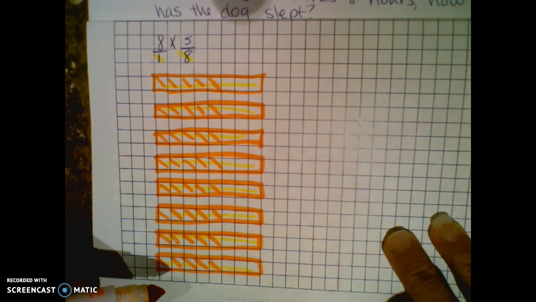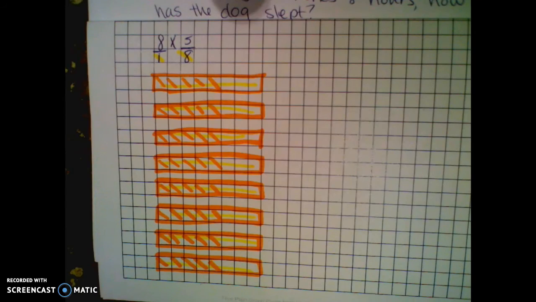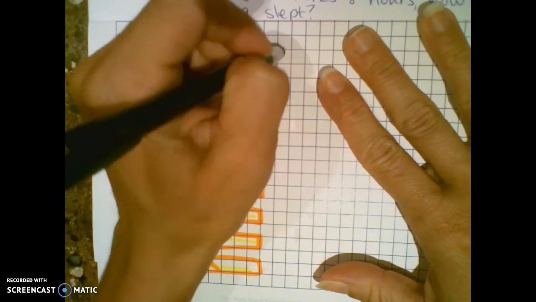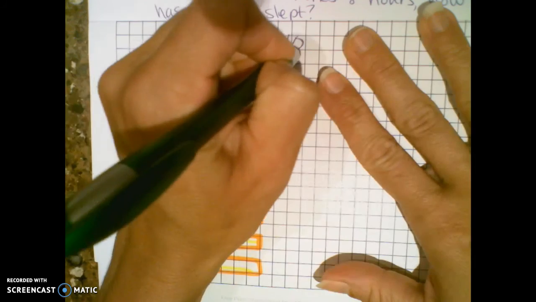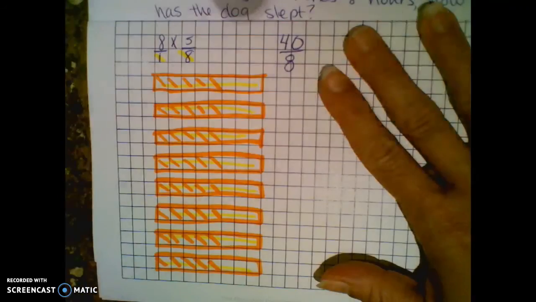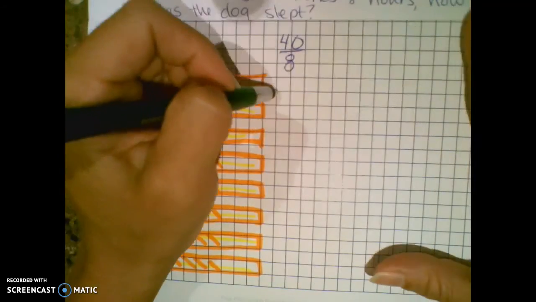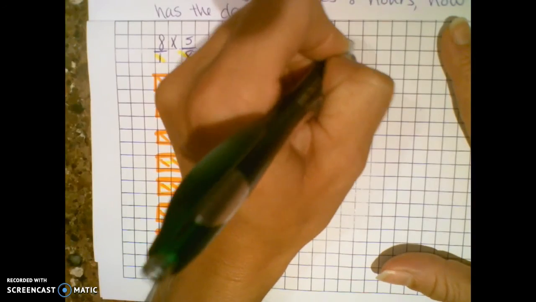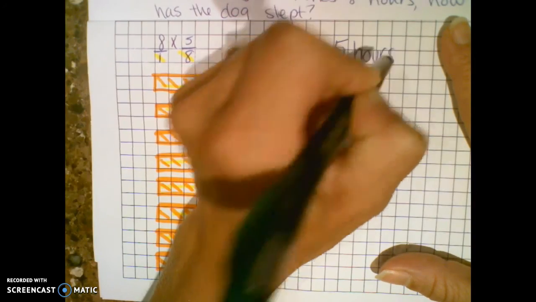And when I count those up, I'm going to notice that I have shaded 40 out of the 8 I need to make one whole. And when I simplify, 40 divided by 8 is 5, and I still get 5 hours.